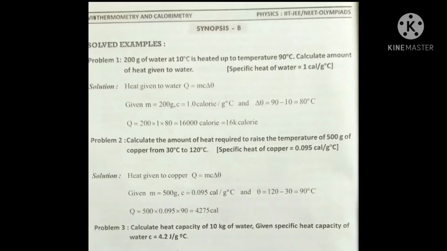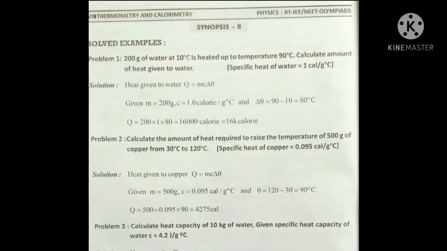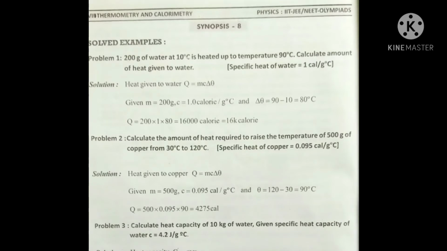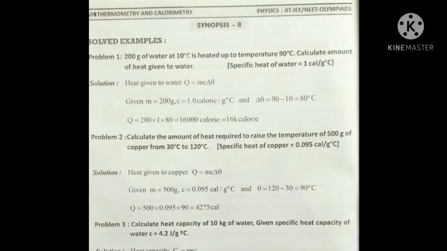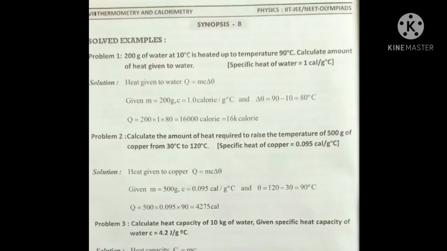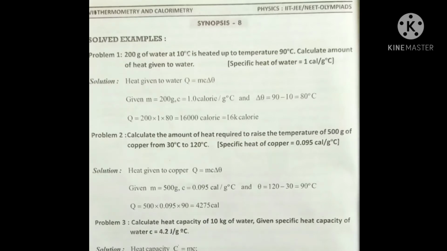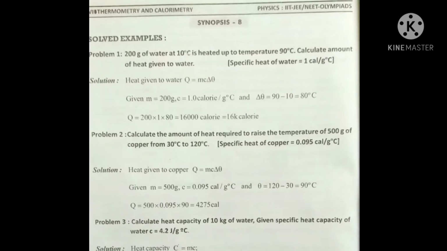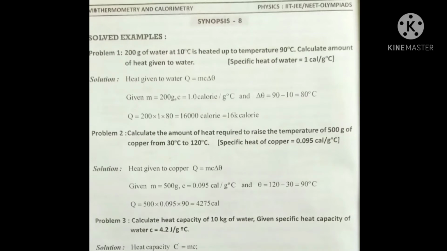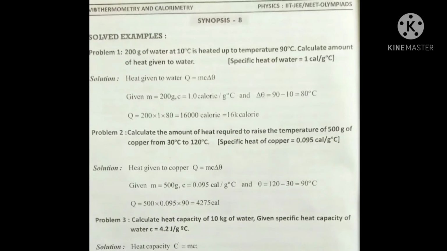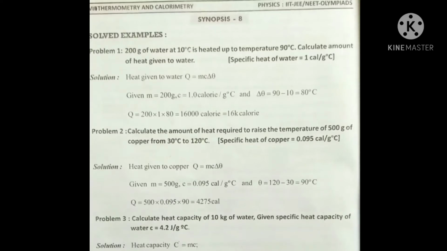Here our formula is Q equals mc delta T. It is not theta, it is T. Here Q is the quantity of heat, m means mass of the body, and specific heat is the letter C. Specific heat of water is already given in our problem: 1 calorie per gram degree centigrade.